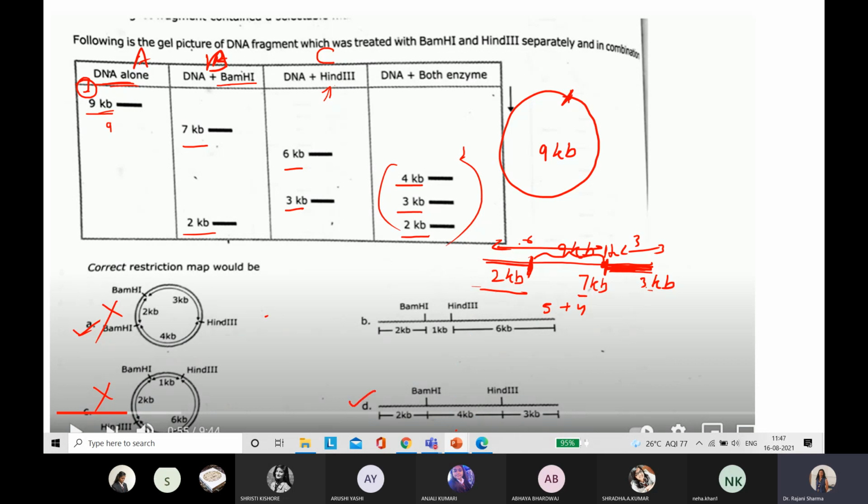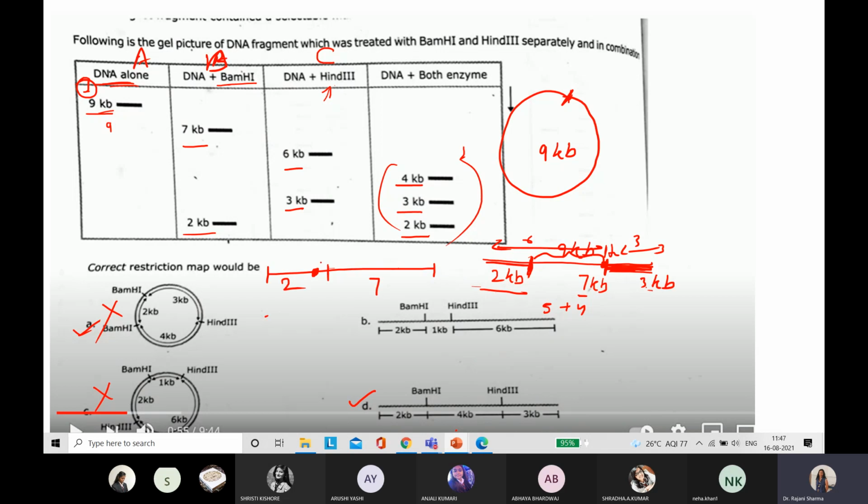Is it clear? Is it clear now? Or do I need to explain it again? No, ma'am. Still, I am just explaining in another way. It is clear from BamH1 that its cutting site will be here, because it has given you 2 kb and 7 kb. Now suppose instead of cutting with BamH1 toward this side, I have used this side.